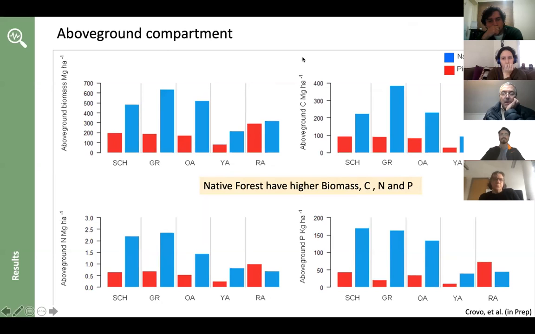Okay, so we have a change in above ground biomass in these plots, and we see that in most of the sites, there's a large difference in above ground biomass between the plantation and the native forest, and as a result in the stocks of carbon, nitrogen, and phosphorus.